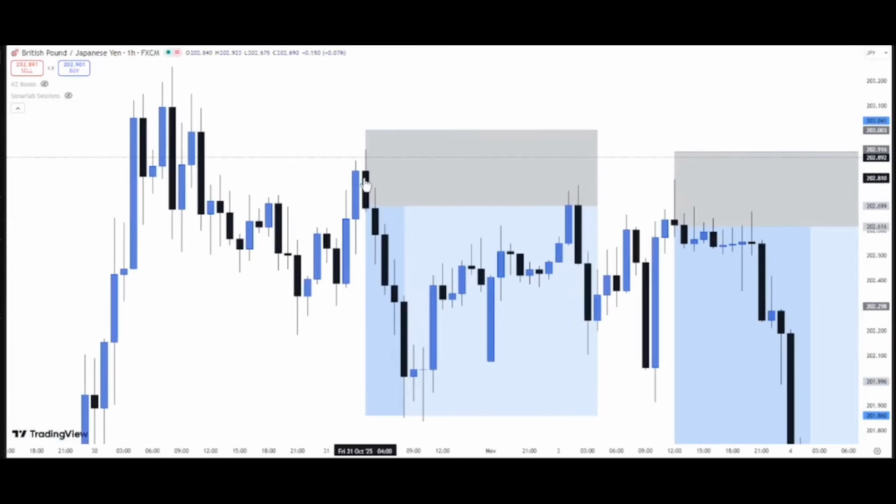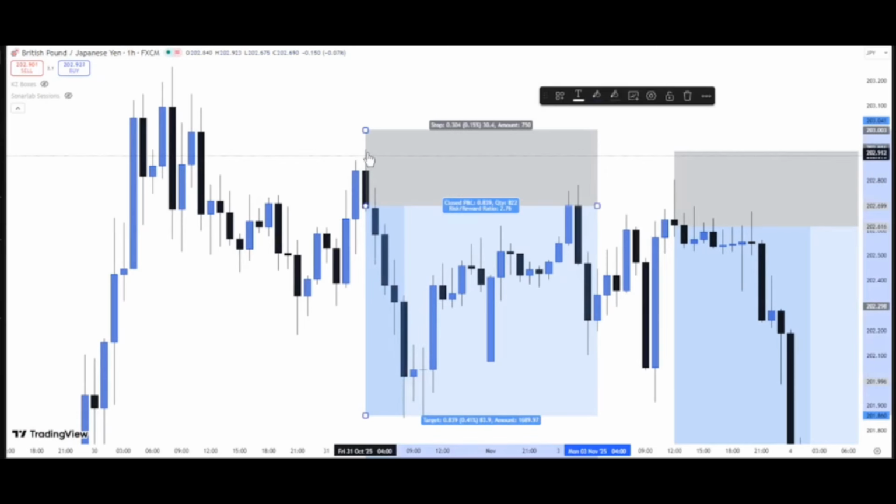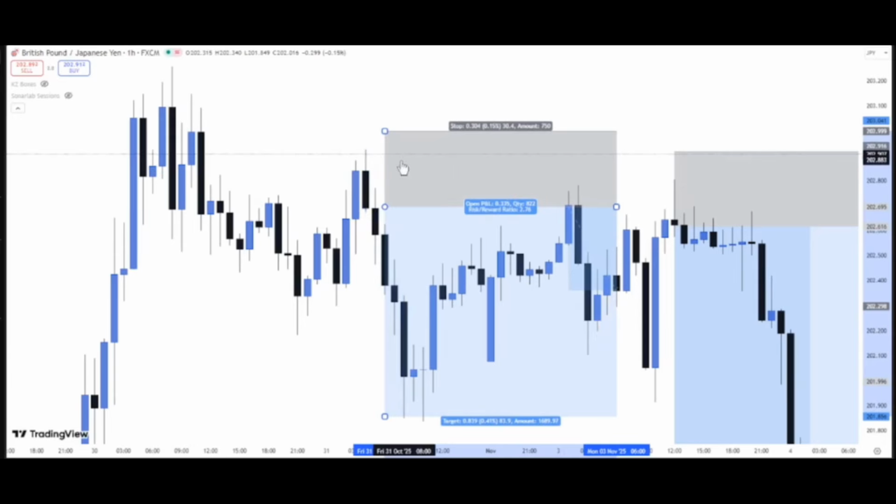First candle, second candle, and the third candle. Let me push this thing to the side so you can see exactly what we are talking about. Okay, look at it. First candle, second candle, third candle. Now our rules.